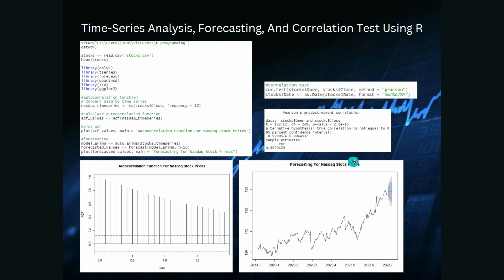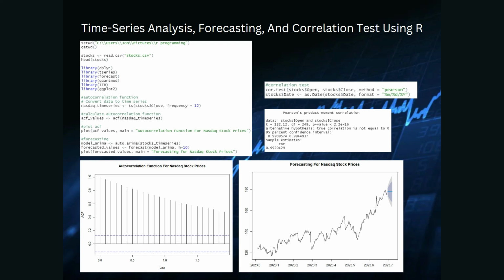And we can also see that I computed the correlation coefficient, which is 0.99, which indicates a very strong correlation between the opening and closing prices of stocks in the NASDAQ markets. A correlation coefficient close to 1 suggests a strong positive linear relationship between the opening and closing price of a stock. In practical terms, as the opening price of the stock increases or decreases, the closing price tends to increase or decrease as well.